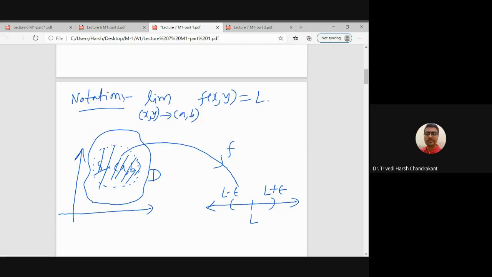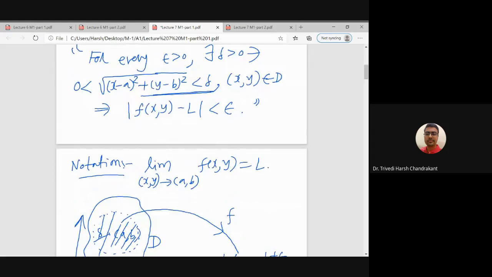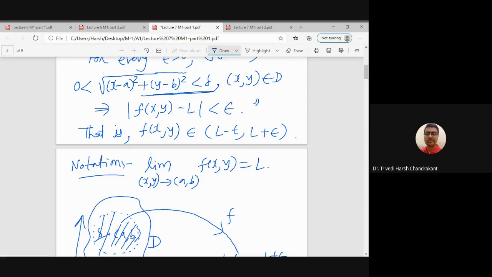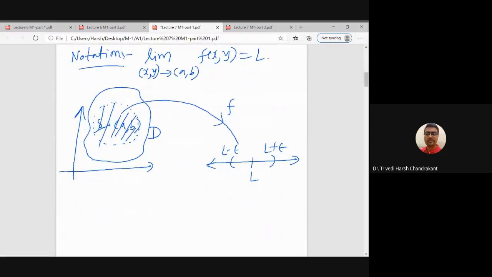So that is this condition that f(x, y) is between L minus epsilon and L plus epsilon. Modulus f(x, y) minus L less than epsilon means f(x, y) lies in the open interval L minus epsilon to L plus epsilon. This is basically the meaning of the epsilon delta definition we extended to two variable functions.